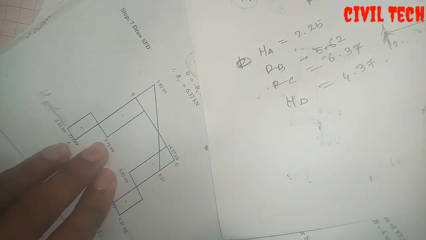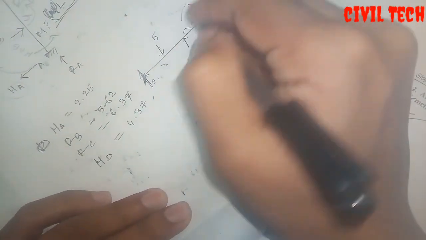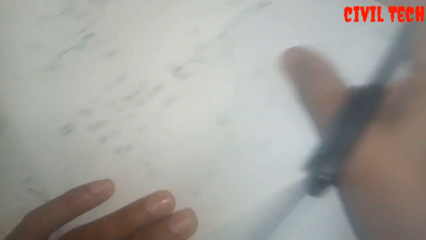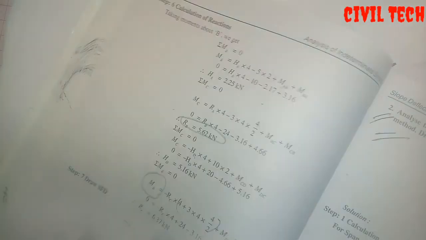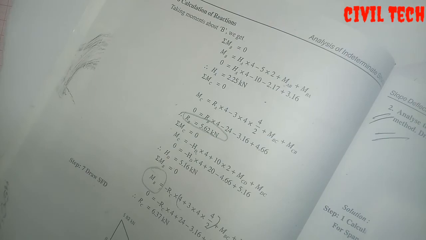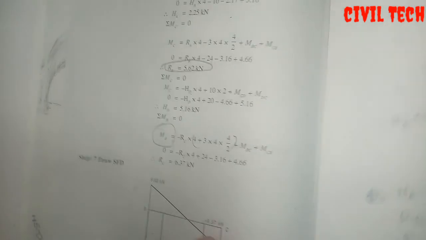Similarly, for this point, how much? 5.62, going upward positive, and then 6.7 because of the UDL.